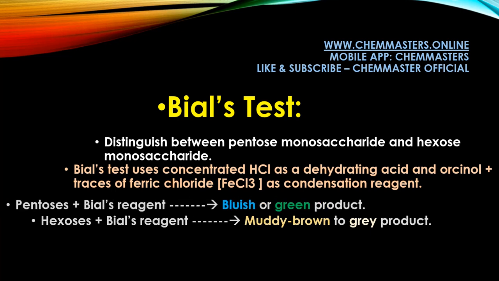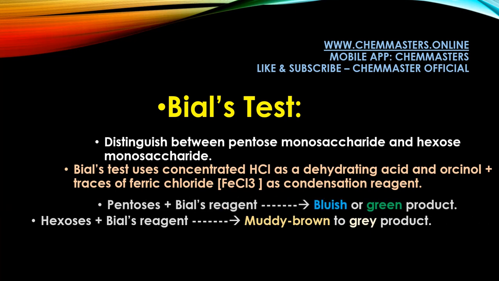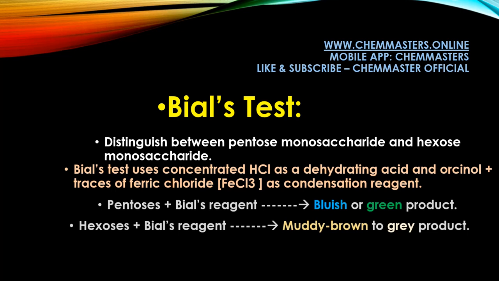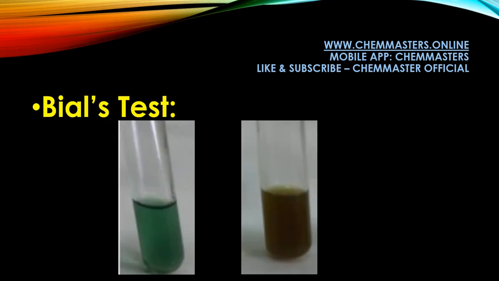Whenever pentoses react with Bial's reagent, they produce a bluish or green product, whereas hexoses produce a muddy brown to gray product. So based on the observed color, we can identify whether the given sugar is a pentose or hexose with Bial's test. You can see the test tubes with the colors here.